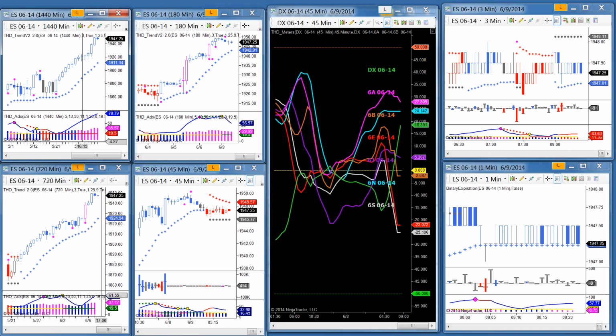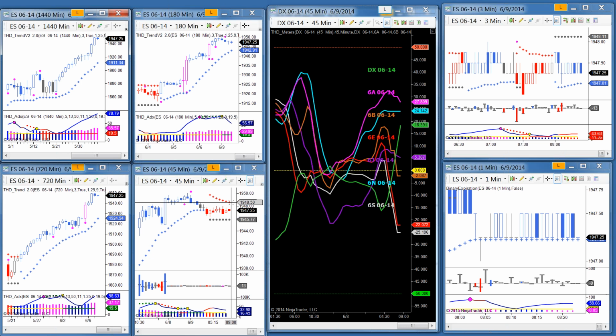You do have a value of 58.63. When you look to the 180, you see that you've had the magenta peak come in. It's retracing back to the ATR at 1942. I would be waiting to see if this comes up here to test the ATR at 1948.5. If it does, and if it has diverging volume, I would take a short position.